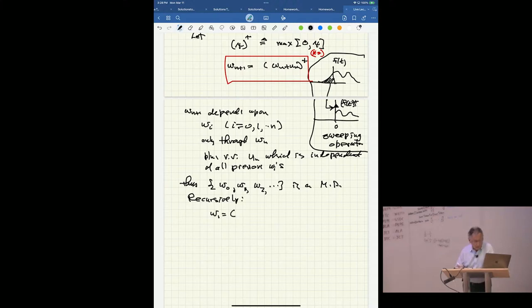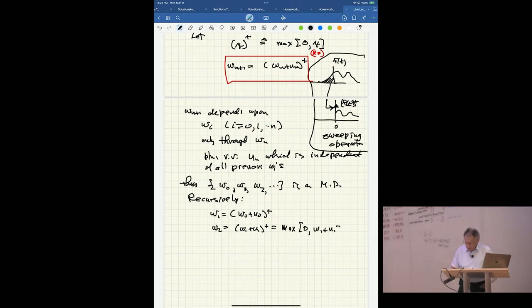W1 equals W0 plus U0 plus. Fine. Let's write W2. It's equal to W1 plus U1 plus, which is equal to the max, let's expose the max operator now, of 0 and W1 plus U1.